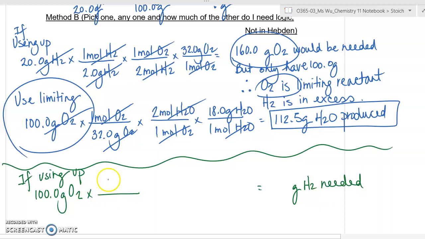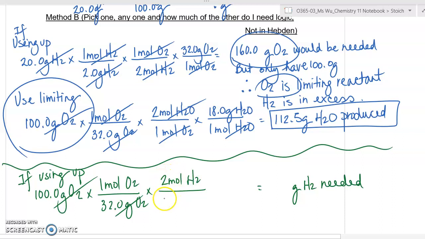All right, let's see. There are 2 moles of hydrogen being used up every time we use up 1 mole of oxygen. That comes from the coefficients of our balanced equation.